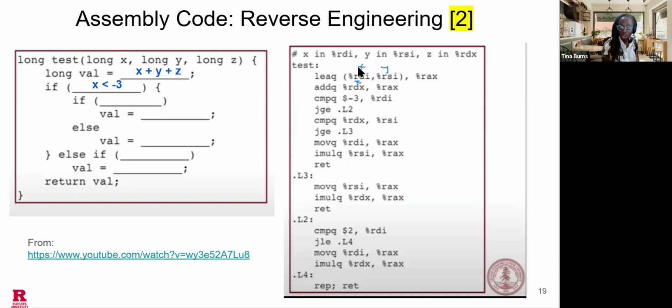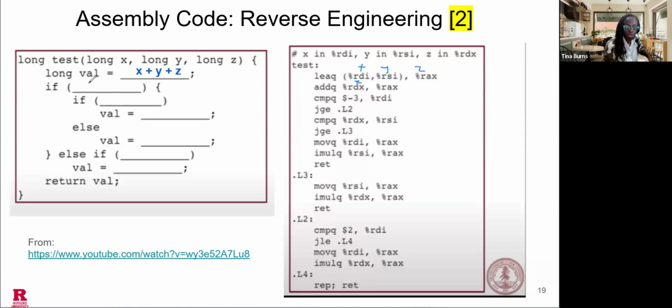Keep in mind, here's our X. X is RDI, our Y is RSI, and we're going to call our Z RDX. If I'm going to compare them first, this says I want to look for it to be greater than or equal to. So I'm actually going to back up. Here's what I know. This RDI option tells me I'm using X, and my value that I'm comparing it to is -3.